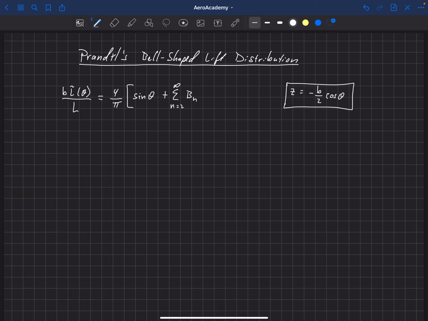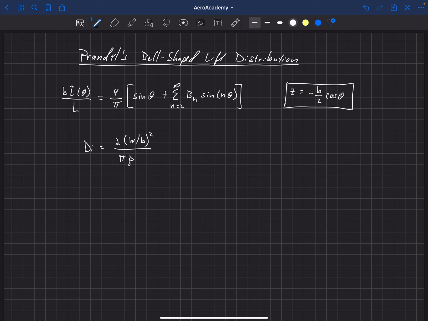B sub n are just our Fourier coefficients times the sine of n theta. So this is just an infinite series definition of some lift distribution. With that as our base, we can now compute the induced drag. So the dimensional induced drag can be written like this. I'm just going to write it down and then we'll walk through it.